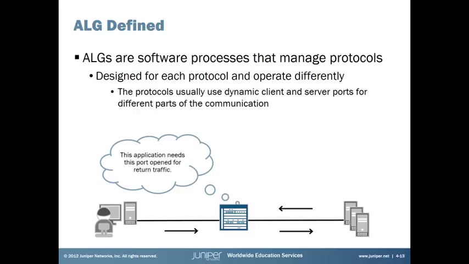I recognize that as FTP now, therefore I know I need to open up what's called a pinhole on port 20 to allow the data to come back for that particular session. It will create, in the session table, it will actually open up a flow for return traffic on port 20.